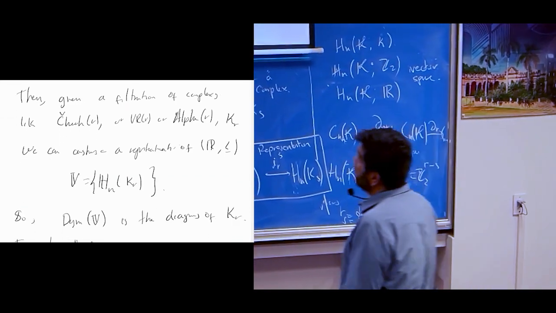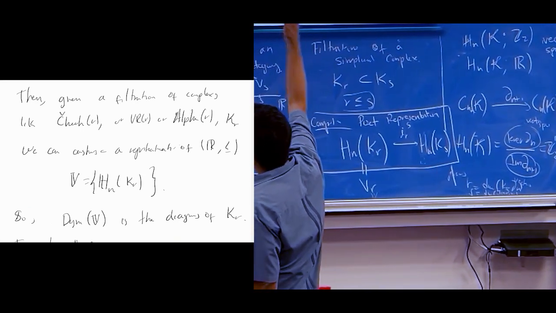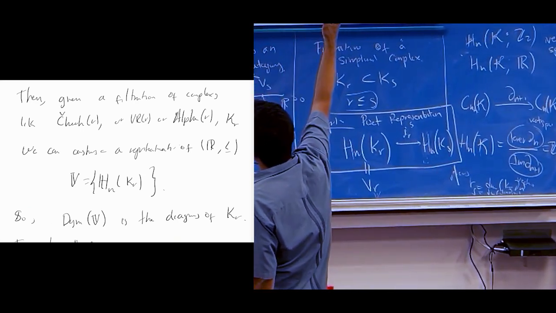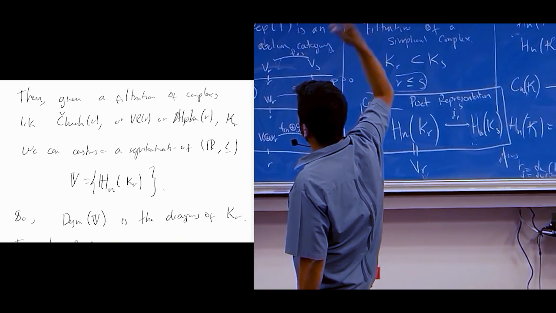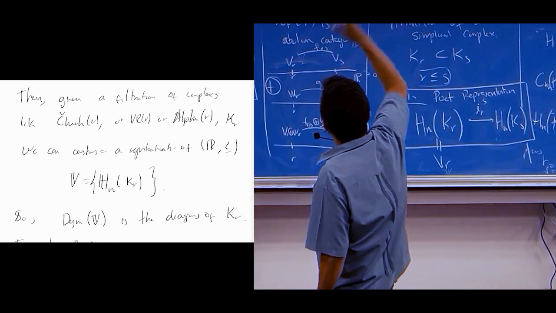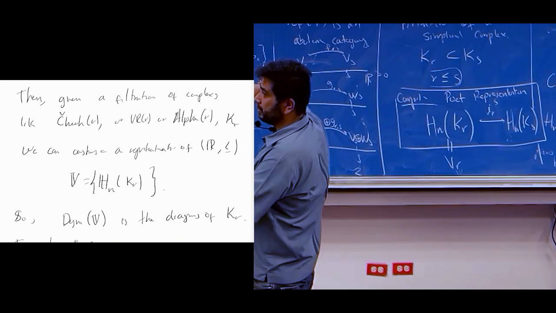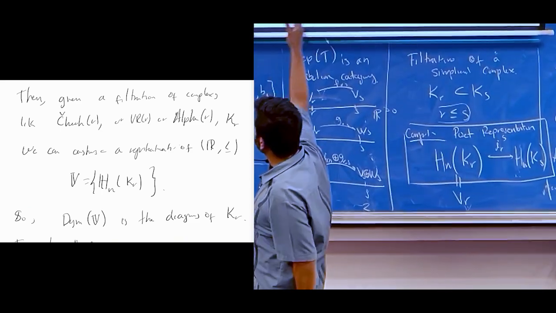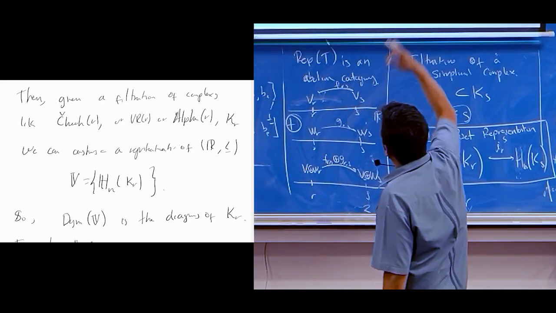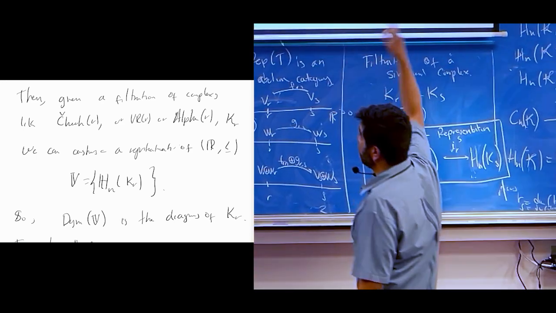So in our case, we're going to take any filtration, given by any of these three cases or any other filtration that you like. We call it K sub R. We compute the homology, which gives us vector spaces, and this is a representation of the positive real numbers, a representation of that poset.